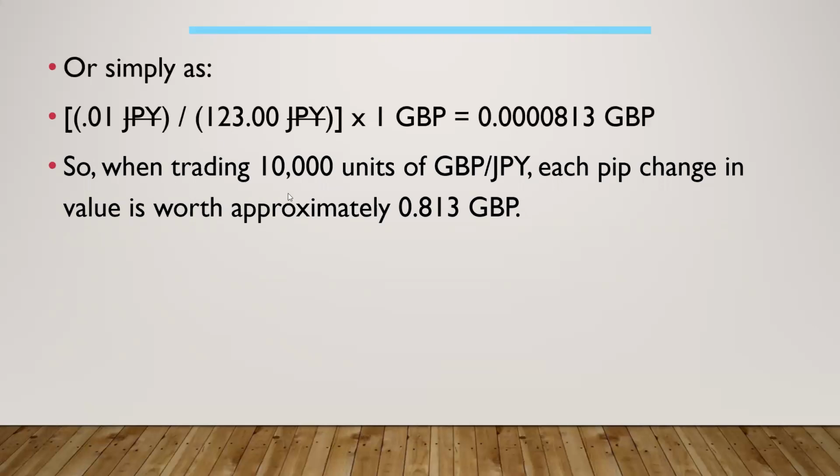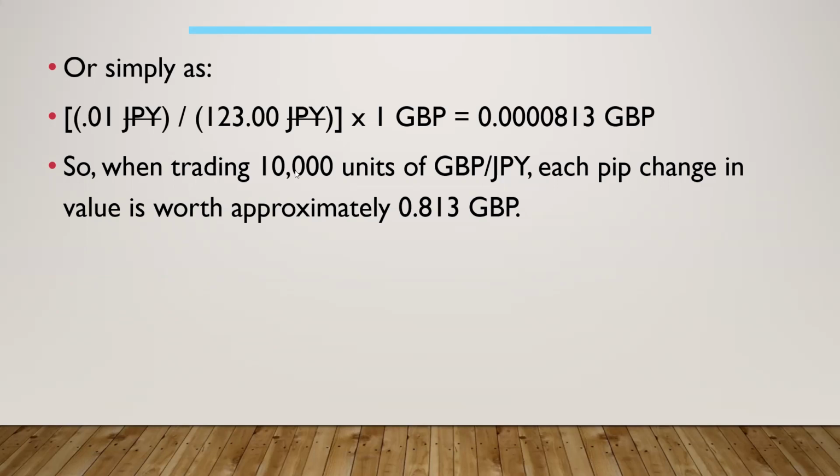So if we are trading 10,000 units of it, and you approximate it to a kind of whole number, you will get 0.813 instead of 0.0000813.